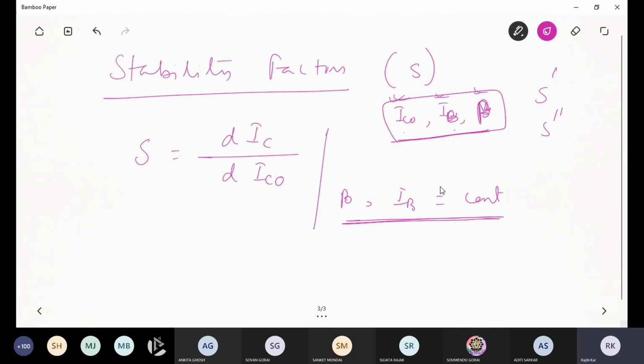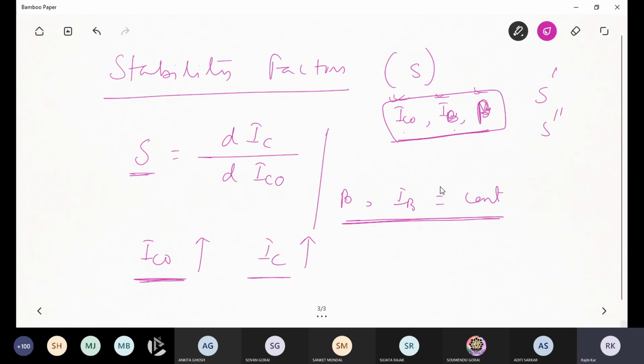Now what will be the lowest value of this stability factor for the system to be stable? What could be the value of S? If you change ICO, the same level of IC will be increased. In the worst case, you double this ICO and IC gets 4 times, which is even worse.